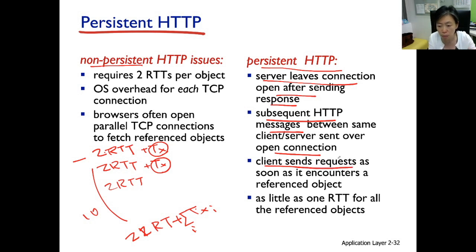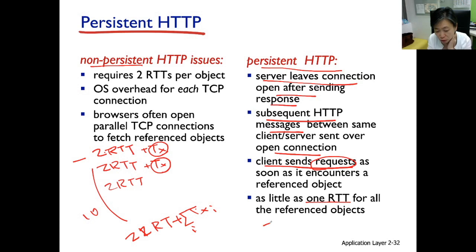Persistent HTTP without further clarification is persistent HTTP with pipelining. So the client here will send all the 10 requests as soon as possible. Okay. So in the end, it's just one round trip time plus the transmission time of all these objects.